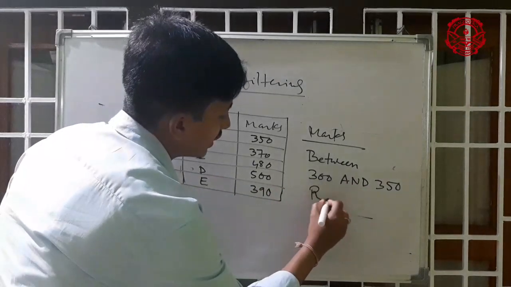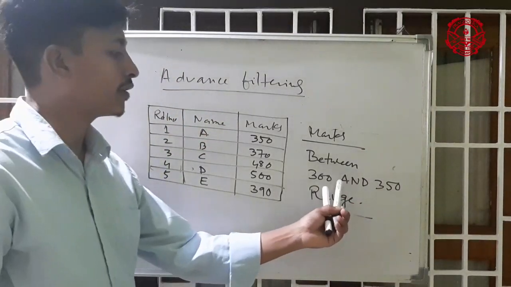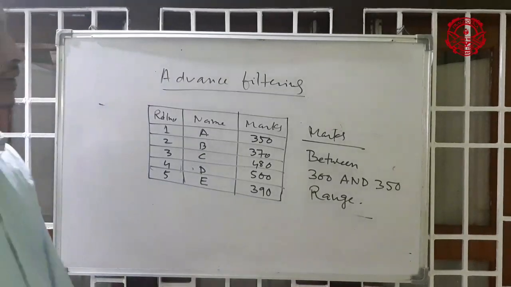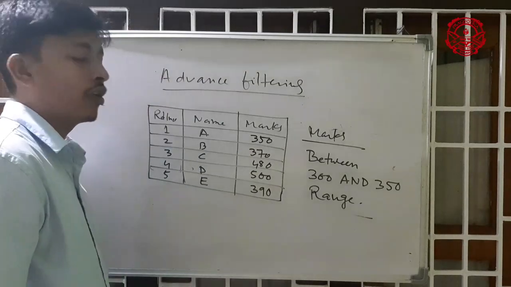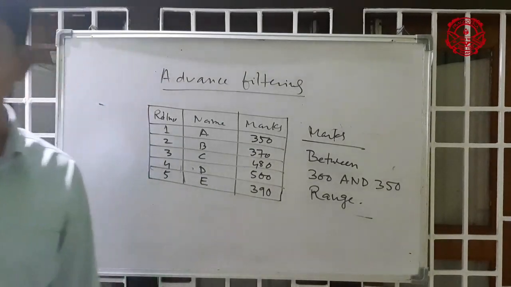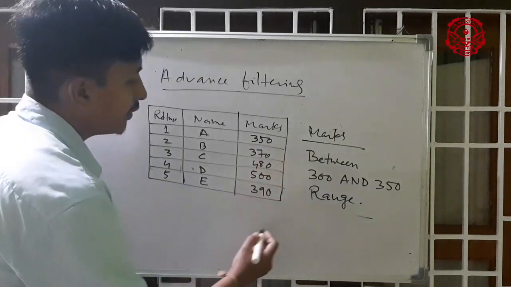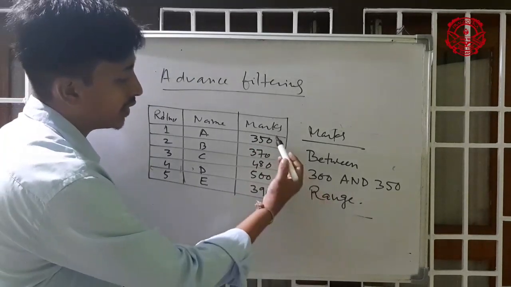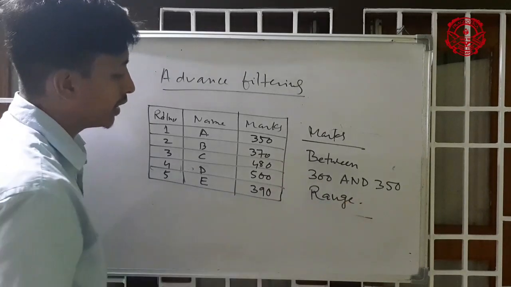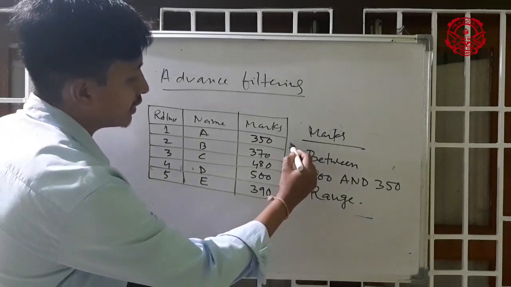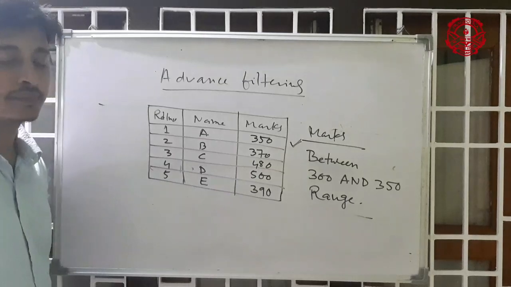The range is 300 to 350, so I have used the AND operator. There are many operators: between operators, AND operators, OR operators, all are important. You will get these in a later chapter. Now only the marks between 300 and 350 are shown. The only one is 350 here, so only that one record is displayed.